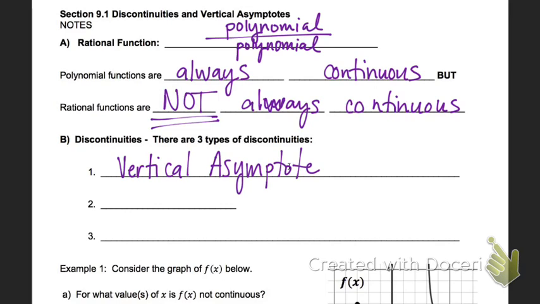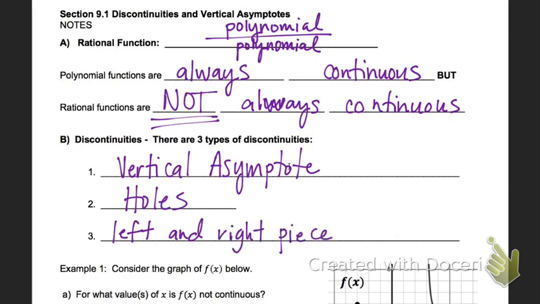There's a break between the two. The second way is if you have a hole, so holes. And the third way is if the left and the right piece of the graph don't meet. You'll see that a lot of times with piecewise functions. You can remember that.